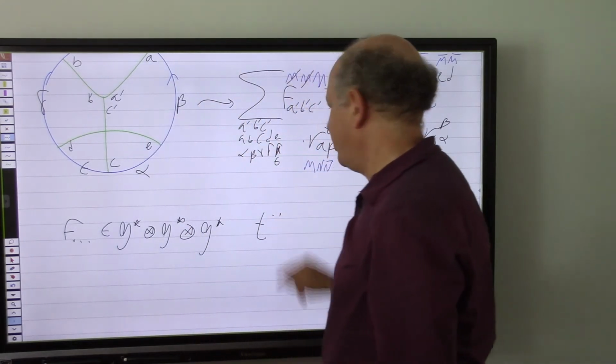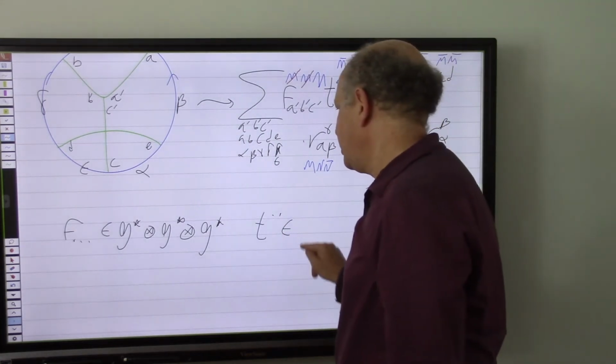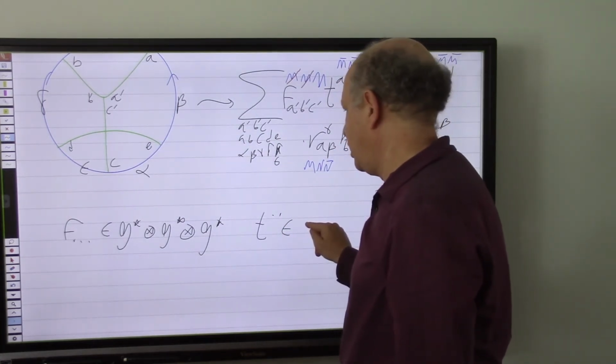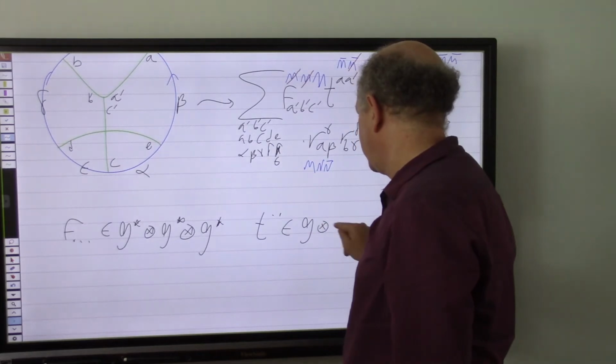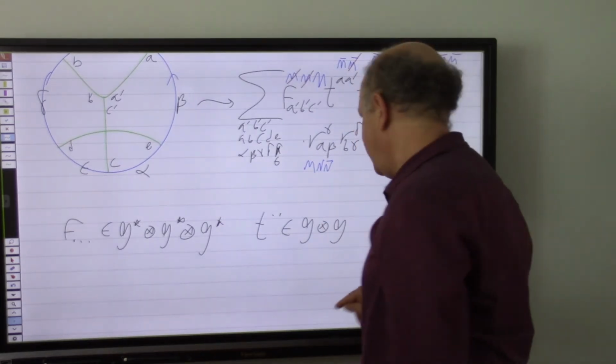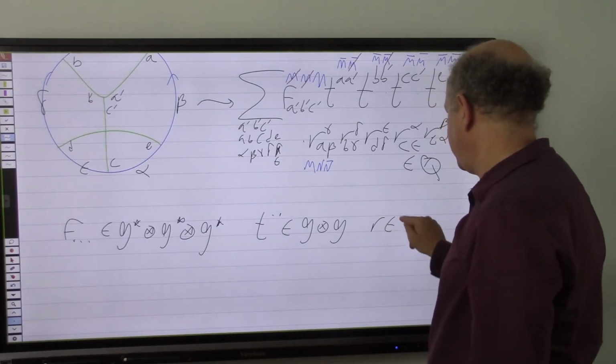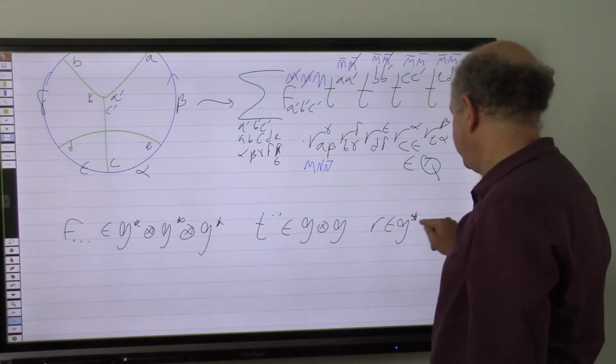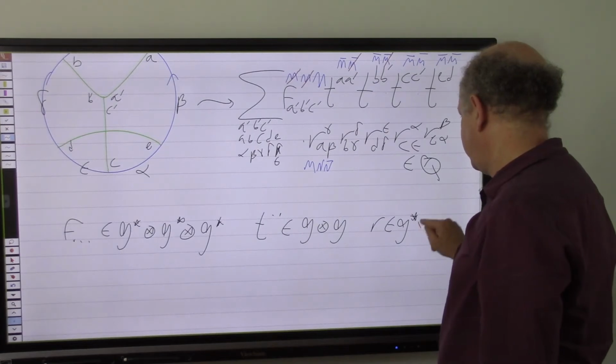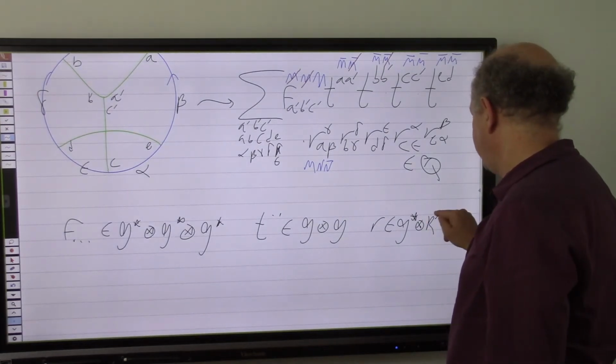T with 2 upper indices really lies in G tensor G. And the representation tensor really lies in G dual tensor R dual tensor R.